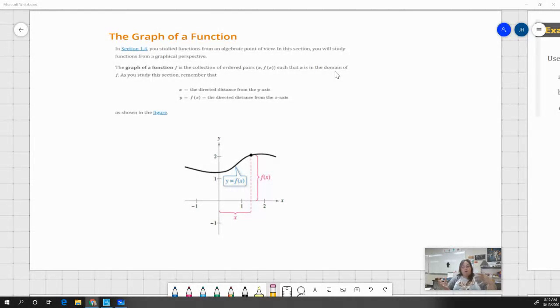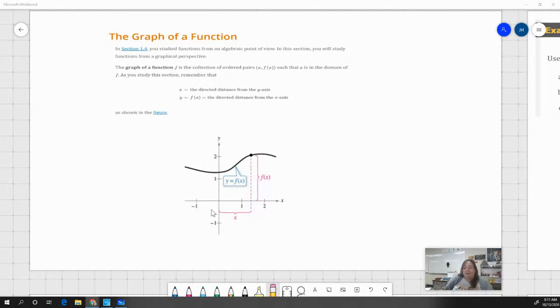That means, as we talked about before, when we're talking about domains, your input value is your domain. Anything that x can be is your domain of f. And as you study this section, remember that x is the directed distance from the y-axis. That just means your x goes this way, left to right, and y equals f of x, which is the directed distance from the x-axis, right?